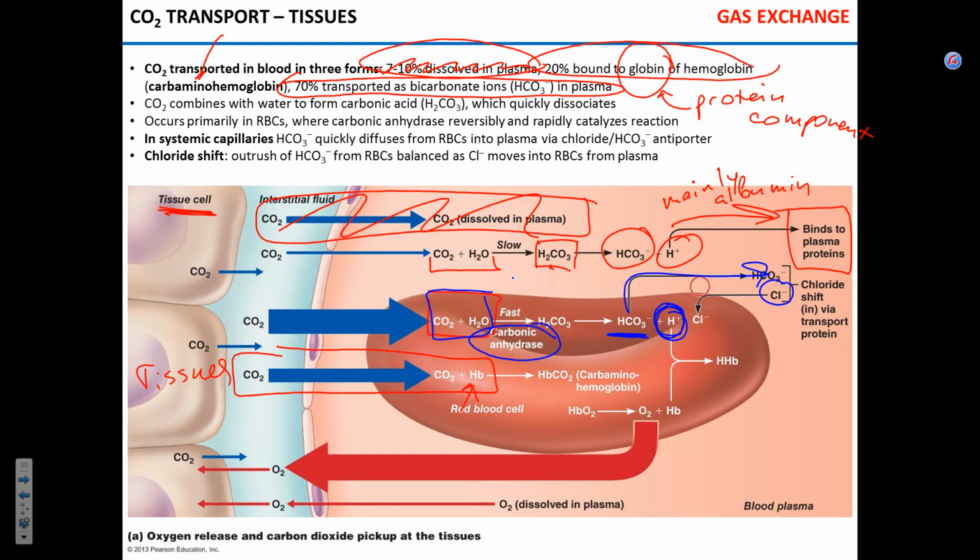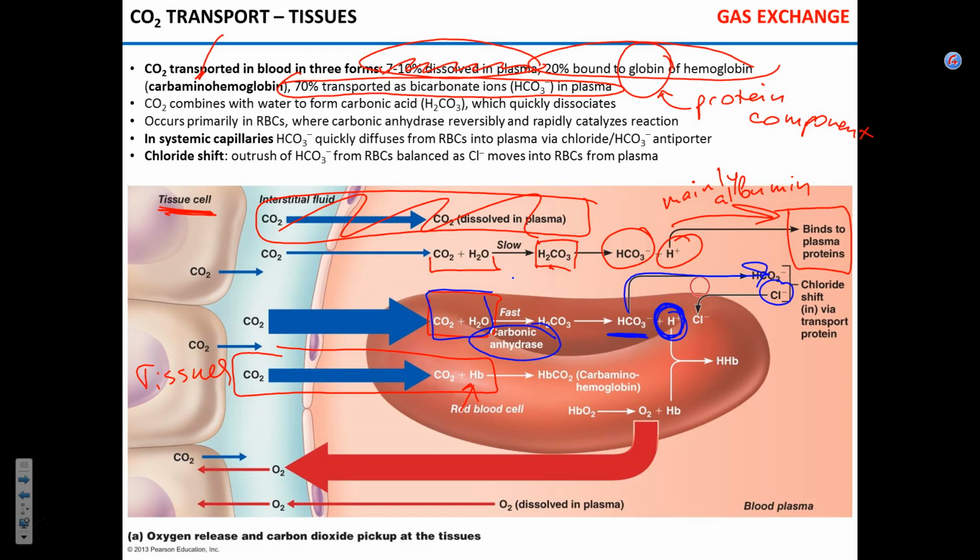What is the most common protein in the red blood cell? In the red blood cell, which protein is the most common? Hemoglobin. That's like the only protein that's there. Does that make sense? So that protein binds protons. Does that make sense?